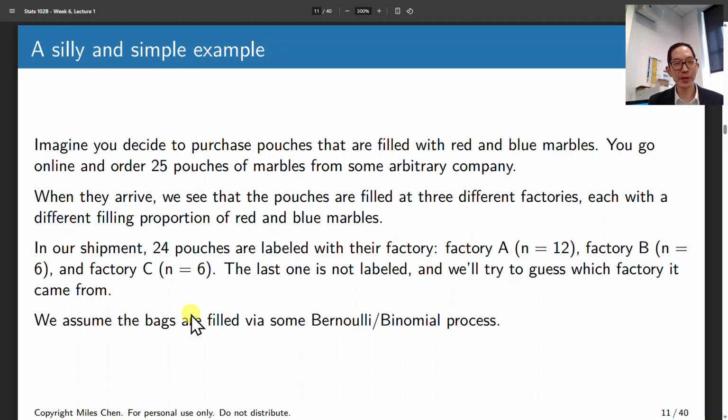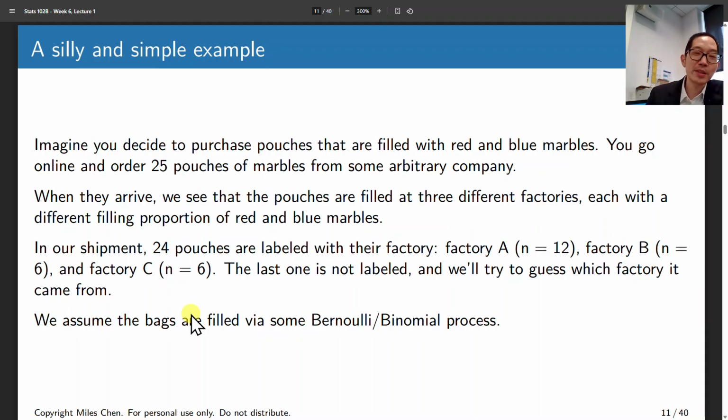You order 25 pouches of marbles from some arbitrary company. When they arrive, the pouches say made in a particular factory, like a serial number, and it says this one came from factory A or factory B or factory C.